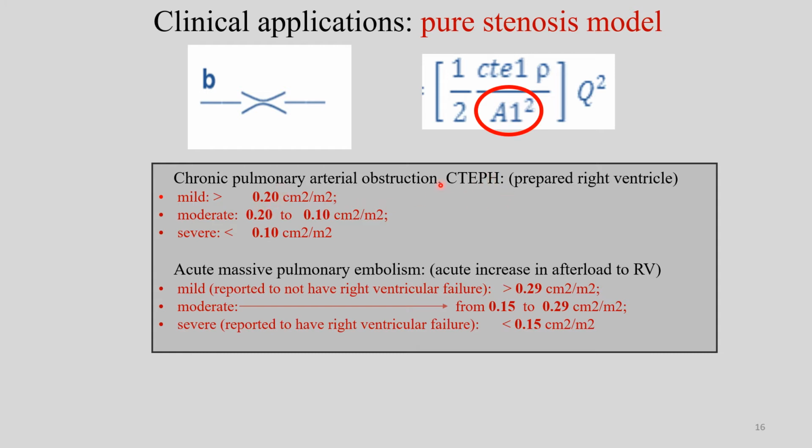The reason is that in the valve, the flow is intermittent. It doesn't last for the whole cardiac cycle. So in case of aortic stenosis, you have a ventricle behind it. You have a small ejection time, in the range of 300 milliseconds or less. And with that, all the flow goes through. And for that flow to be able to go through, it will need a cross-sectional area that's larger.